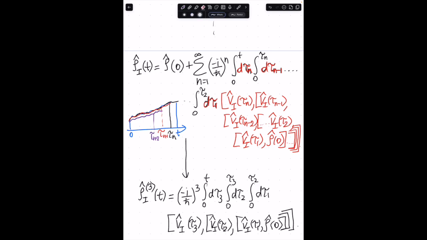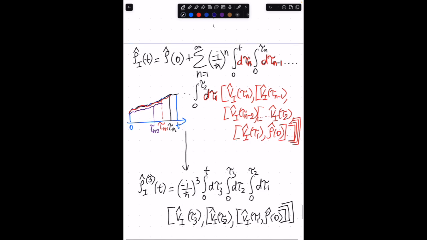So you get the ordering of variables, and it is quite easy to think about that t is greater than or equal to tau n, which is greater than or equal to tau n minus 1, which is greater than or equal to tau n minus 2, so on and so forth, which is greater than or equal to tau 2, which is greater than or equal to tau 1, which is greater than or equal to time 0.